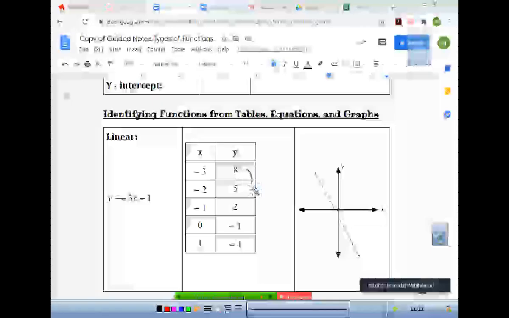So for instance, to go from 8 to 5, what would I do? Subtract 3. To go from 5 to 2, subtract 3. The same thing to go to -1, and the same thing to go to -4.